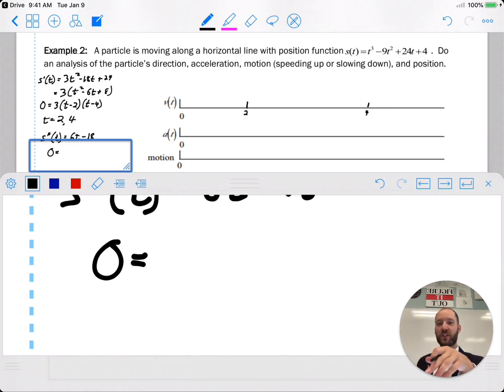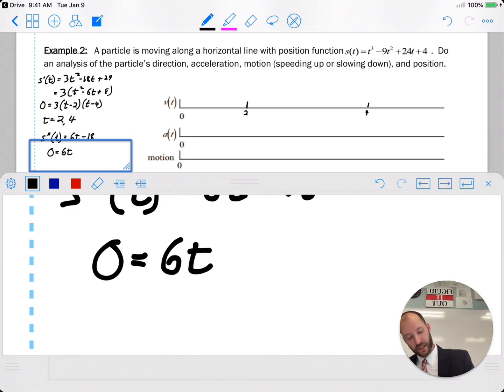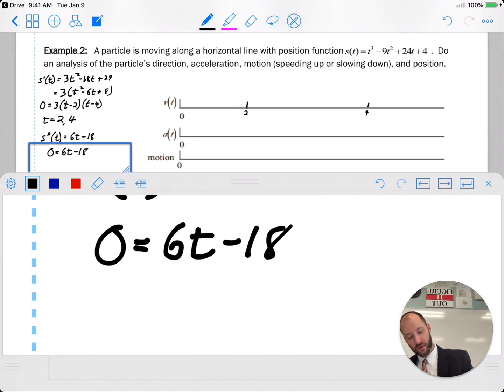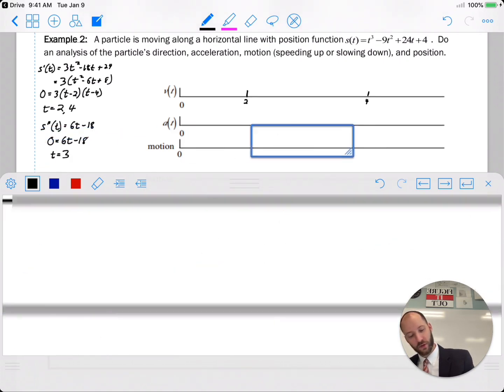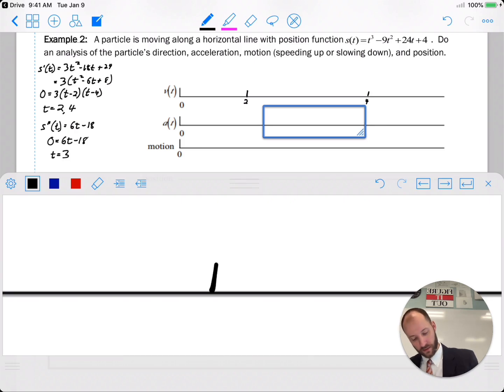Negative accelerations, there's a lot of those. Zero accelerations, those are unique. So let's find those. So set acceleration equal to 0 and t equals 3. So right in the middle.